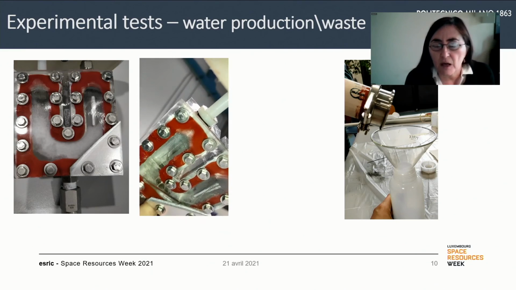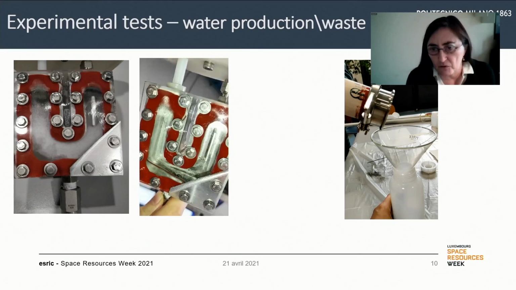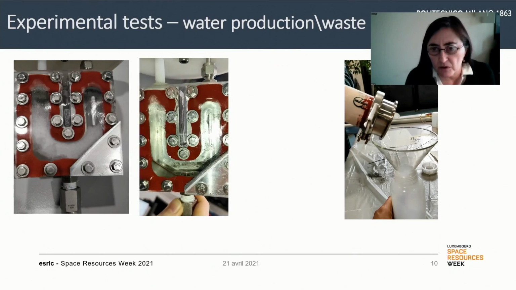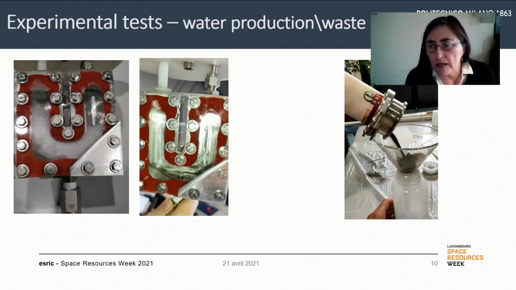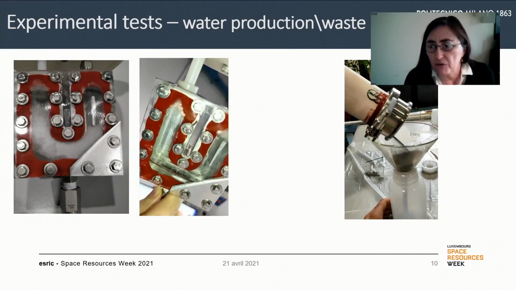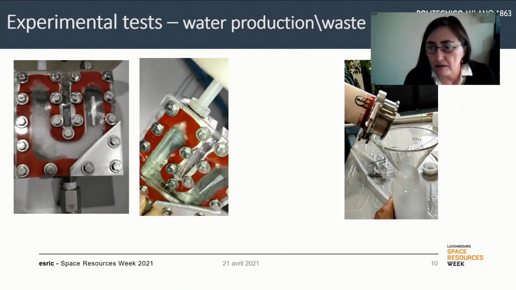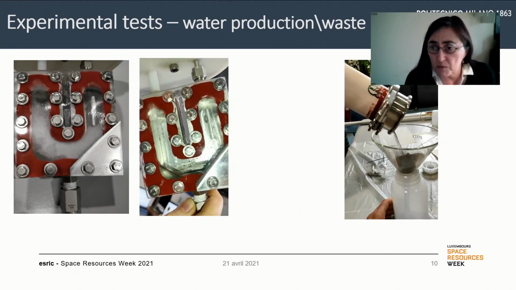Here you can appreciate what we obtain condensed as an ice, and then of course after some time at room temperature, one of the experiments with the water production, and the wasted, so the final regolith that we output from the main furnace, that is quite sandy, so no plugging or sintering experienced.